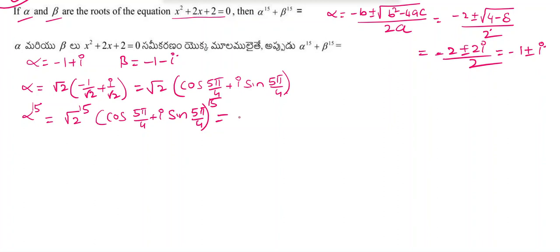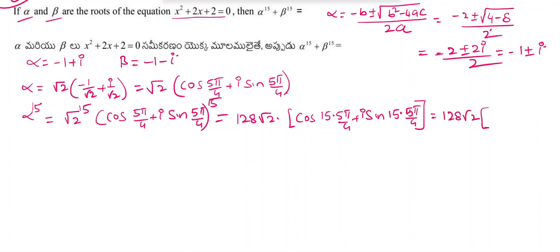Root 2 whole power 15, that value is 2 to the power of 7 into root 2, that is 128 root 2, into cos of 15 into 5 pi by 4 plus i sine 15 into 5 pi by 4, applying De Moivre's theorem. That is equal to 128 root 2 into cos 15 into 5, this is cos 75 pi by 4 plus i sine 75 pi by 4. This is alpha power 15.